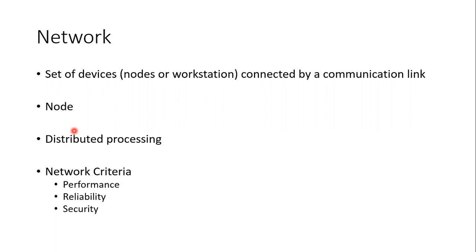Now, what is a network? You know network. Already you are working with network. So by definition, a network is a set of devices connected by communication link. Here the devices are also called the node or the workstation.